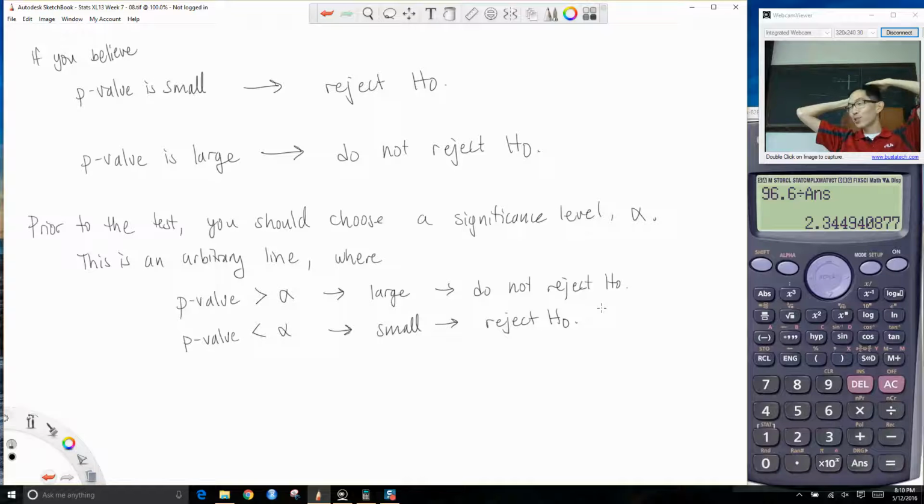Over the course of time, and to get published in journals and stuff like that, the de facto standard, most commonly used alpha is 5%. This is just somehow what has come to be.